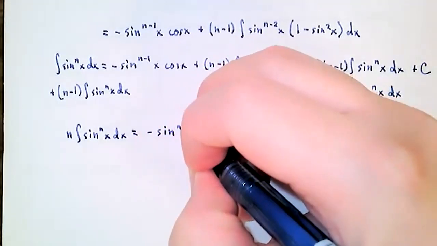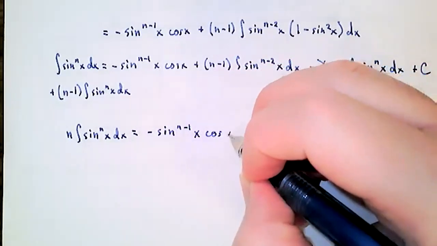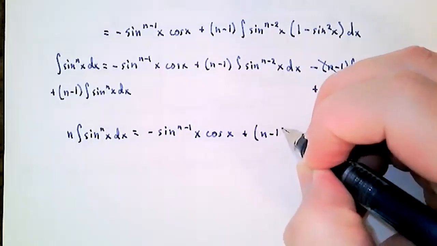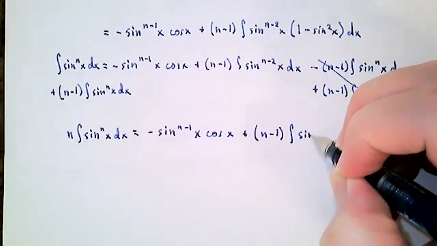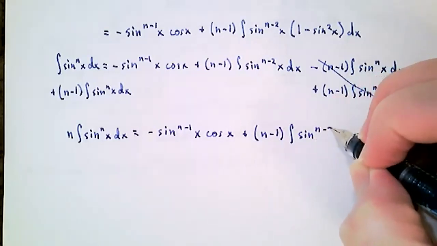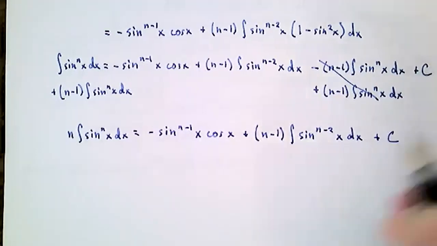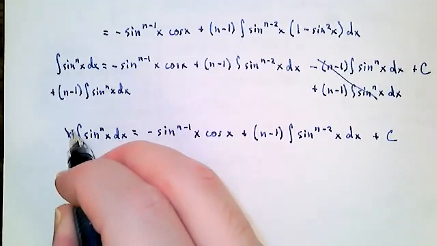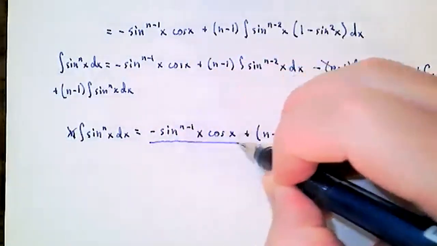What's left over? There's still this annoying n in the front, and we can get rid of it by dividing through.